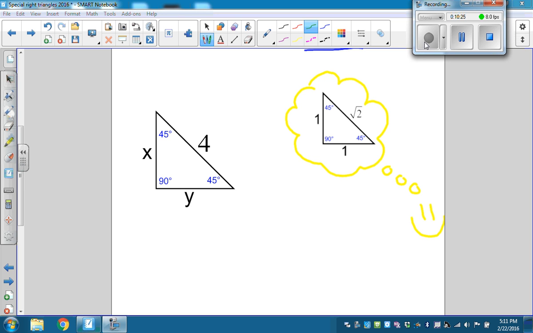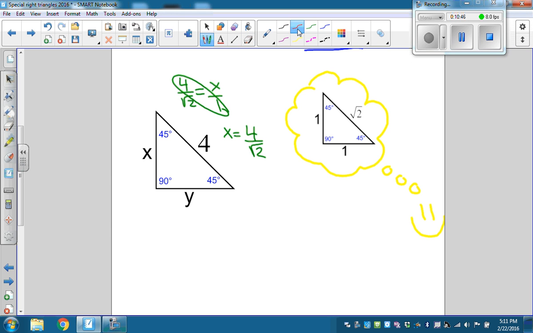By ratio and proportion, you could say 4 compares to the square root of 2, as x compares to 1, cross multiply, and divide by the square root of 2. So x equals 4 times 1 divided by the square root of 2. You don't usually see answers left in this form, so you have to rationalize. Multiply by root 2 over 2. You learned that last year.